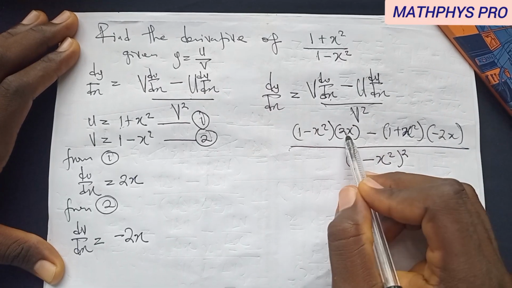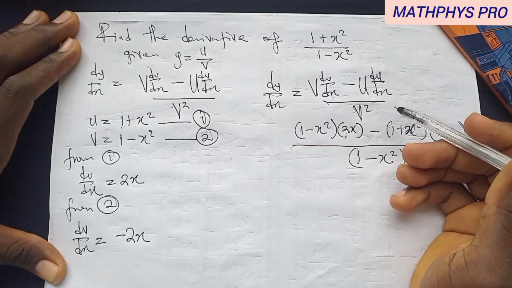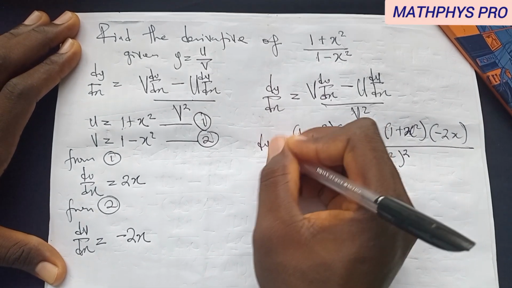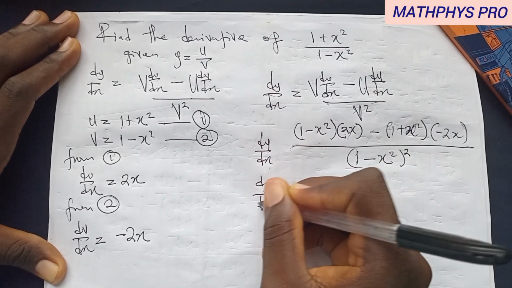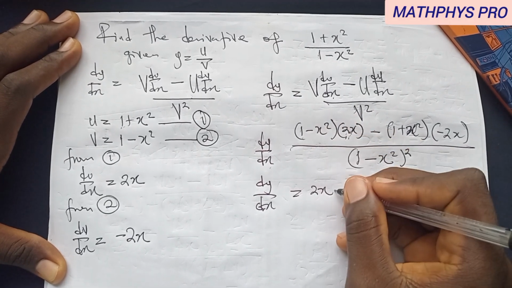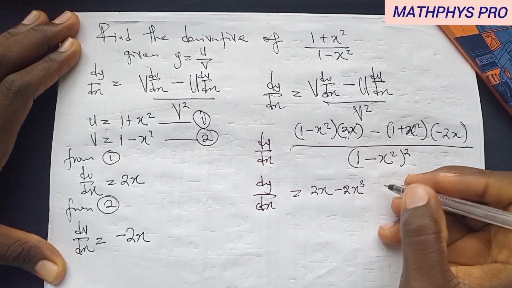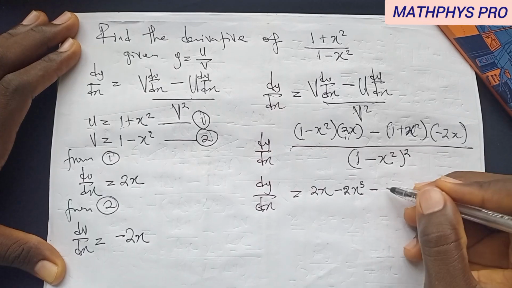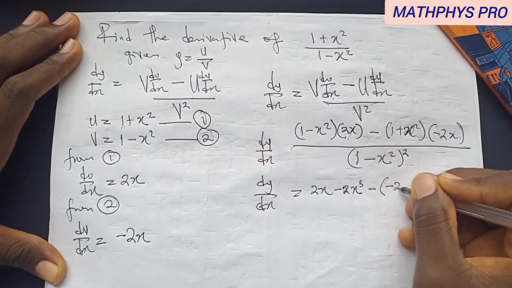So now 2x times 1 gives you what? dy/dx is equal to 2x times 1 gives you 2x. 2x times minus x squared gives you minus 2x cubed. So we have a minus sign here already, and we can say that minus 2x times 1 gives you minus 2x.